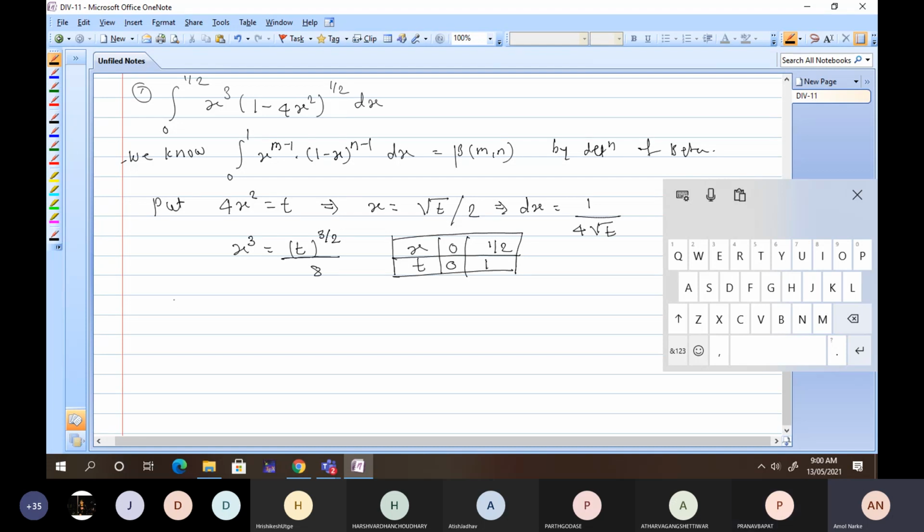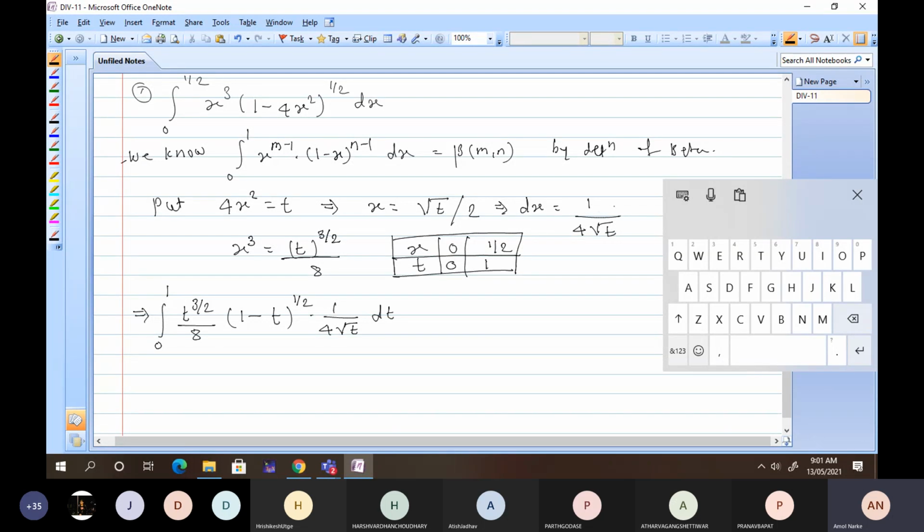Yes, sir. Okay. So your equation becomes integration 0 to 1. Instead of x cube, write t raised to 3 divided by 2 divided by 8. 1 minus 4x square is nothing but t, which has power 1/2, so write 1/2 as it is. And the value of dx is 1 divided by 4 into root t dt.